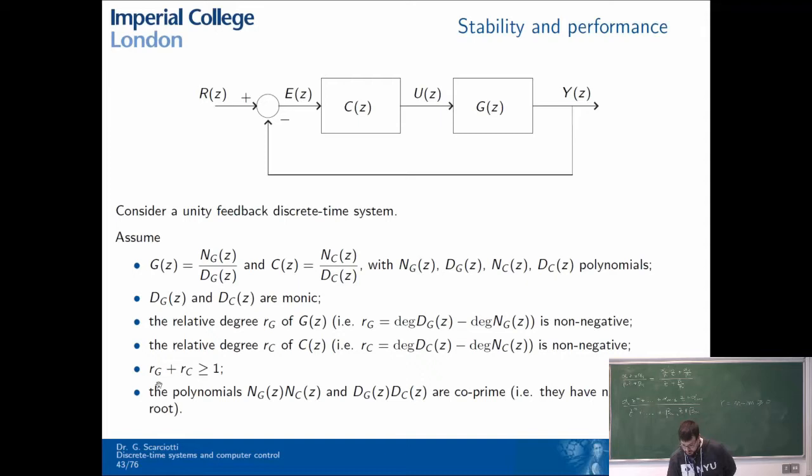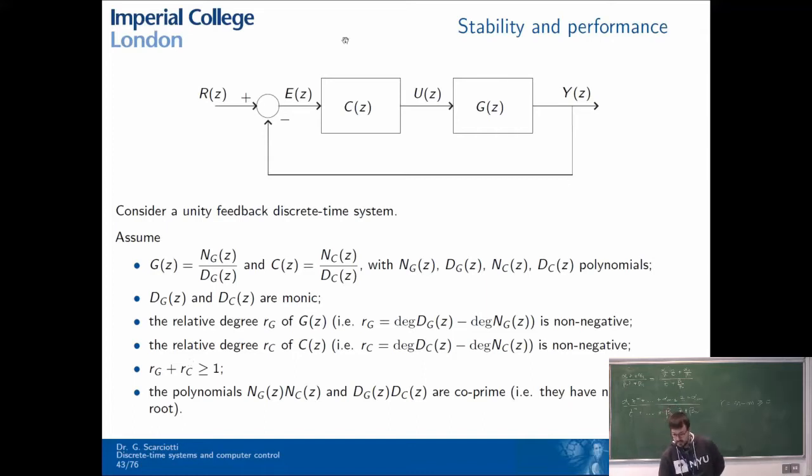Moreover, we assume that the sum of the two relative degrees is greater than or equal to 1. So we assume that Rg plus Rc is not just non-negative, but is actually greater than or equal to 1. The reason is that, again, if you have a bit of awareness of how to go from state space representations to transfer function representation, you should know that a relative degree equal to 0 implies that there is a feed-forward branch from the input to the output.